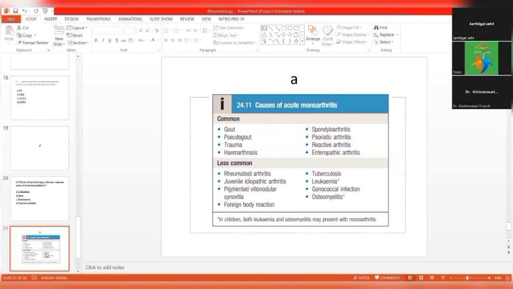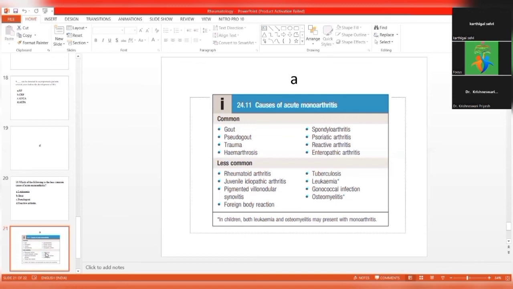Don't forget that. Okay. Next, reactive arthritis. Next is enteropathic arthritis. So these are the common causes of acute monoarthritis: gout, pseudogout, trauma, hemarthrosis, spondyloarthritis, psoriatic arthritis, reactive arthritis, and enteropathic arthritis.